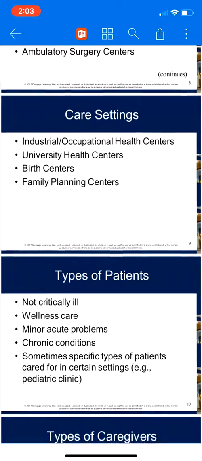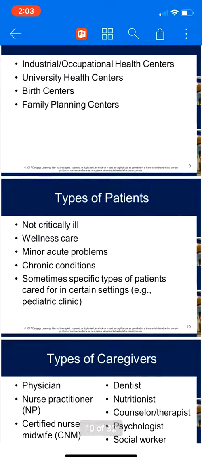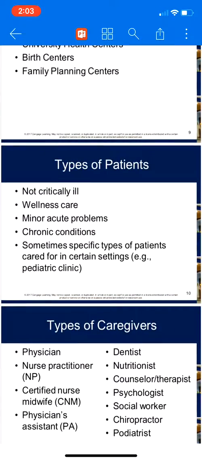All right, so now we talked about our settings. Let's talk about our different types of patients for ambulatory care. The first factor to consider in developing health information management services is the type of facility, and then the second is the type of patient seen in the ambulatory facility. So, patients seen in your outpatient areas are typically not critically ill.